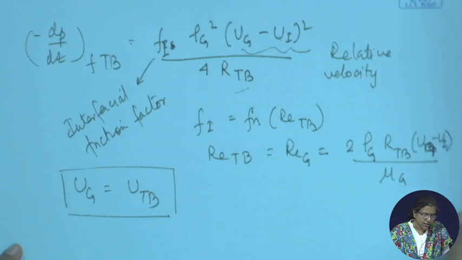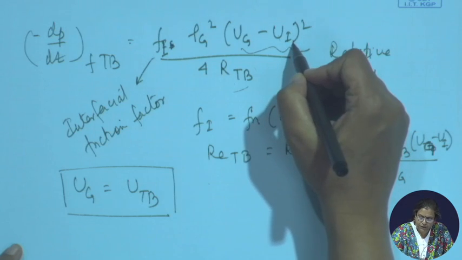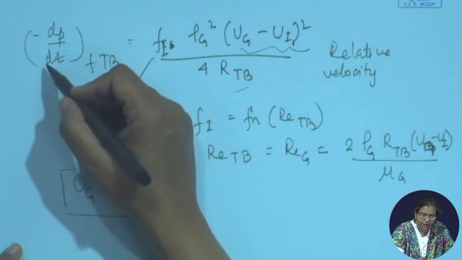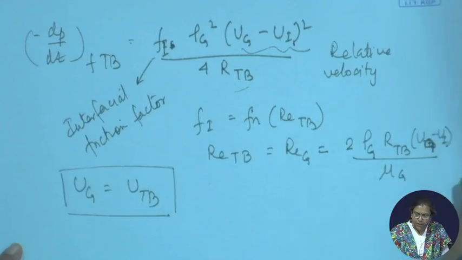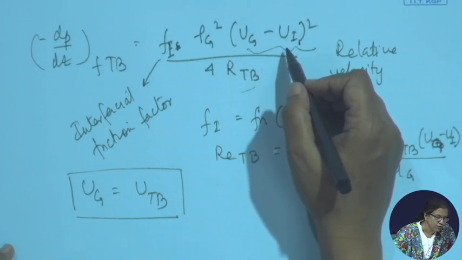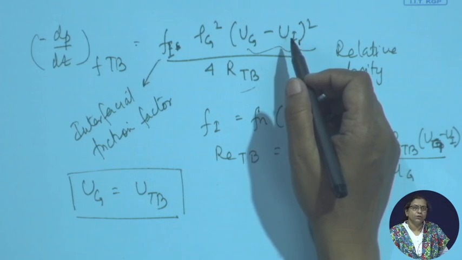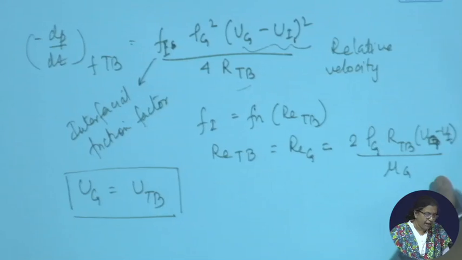Now, we come to discussing how to find out the interfacial velocity. Once we can find out this velocity, we can very easily calculate the frictional pressure gradient in the Taylor bubble region. Now, in order to find out u_I, what do we do? We start from the basic momentum balance equation for the liquid film and the gas core.